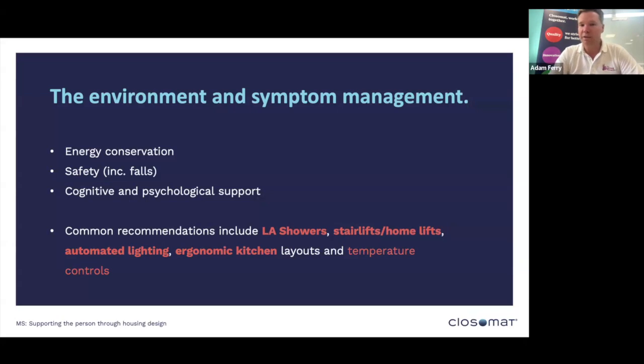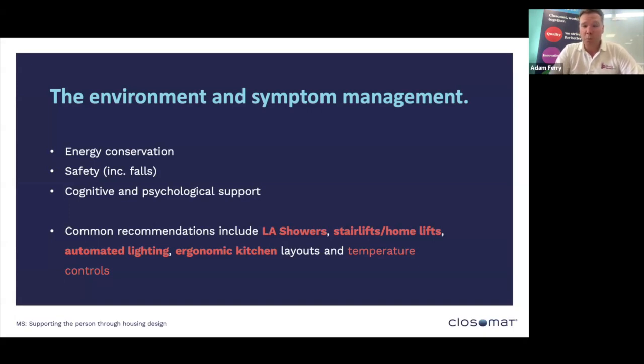So common recommendations include things like level access showers, stair lifts or home lifts, automated lighting, ergonomic kitchen layouts, and temperature controls. So anything that we can do that maximizes efficiency for that person and reduces risk whilst maximizing engagement.